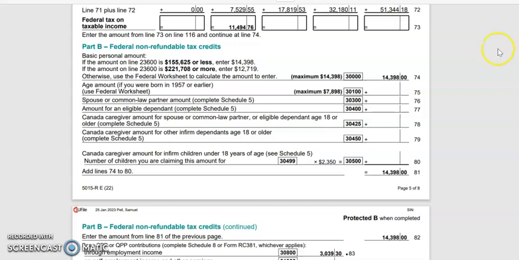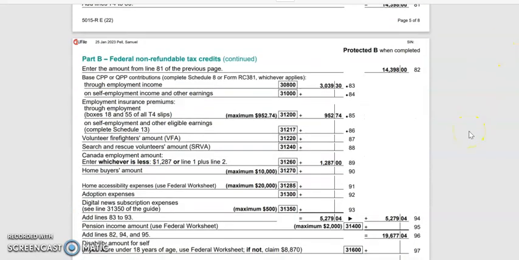We were here. So as you can see, the basic CPP, QPP contributions, that is coming from Schedule 8, and it is for line 3800, and it is your $3,039.30. Okay, so that's your CPP.